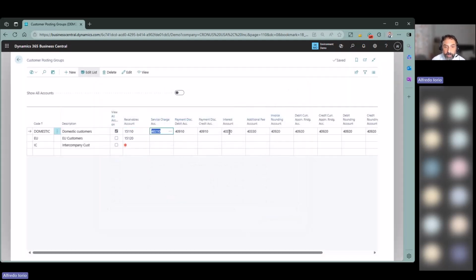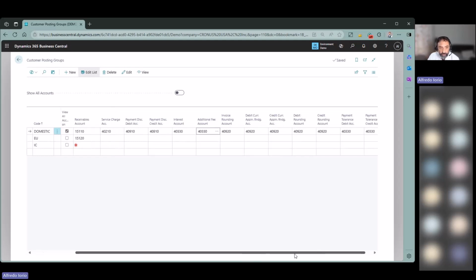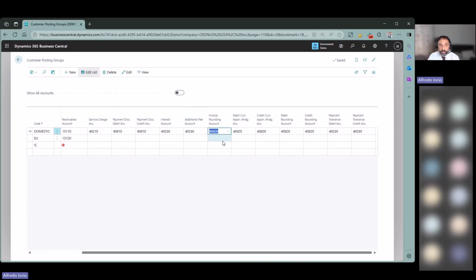The rest are pretty much income statement accounts because it's about gains and losses: payment discount debit, payment discounts credit, right? Interest account, we charge interest for late payments, reminders. We have additional processing fee. It goes here. Invoice rounding account, we will run the invoice for this client, right?